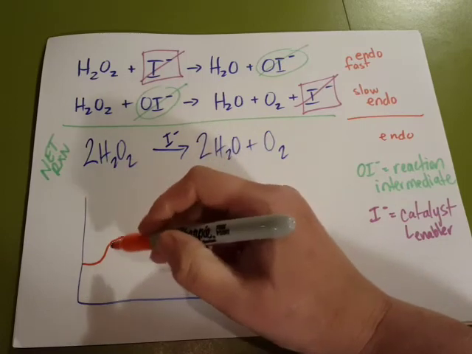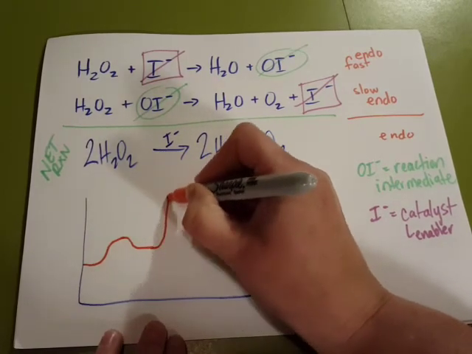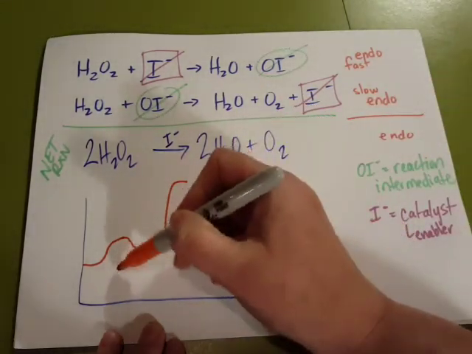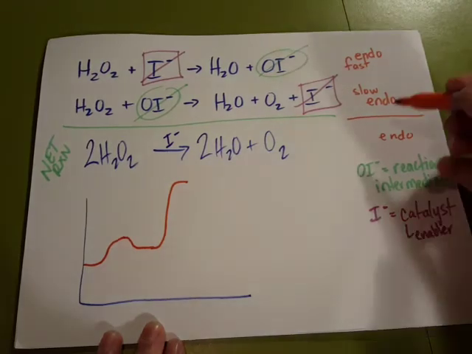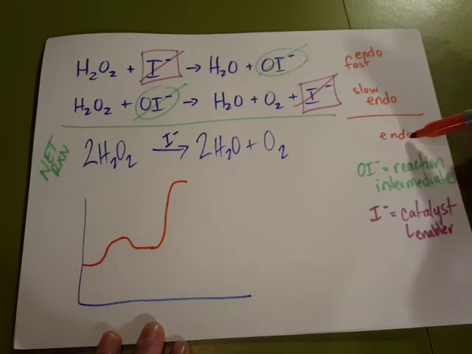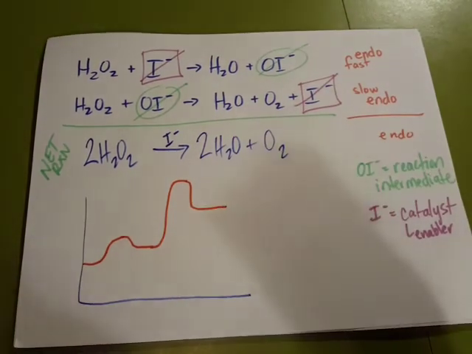And I do kind of want to exaggerate the difference between fast and slow, right? Like I could tell that this is supposed to be the big one and this is supposed to be the small one. Then the endothermic also for the second step and overall endothermic. Perfect. That's easy. Let's just do that.